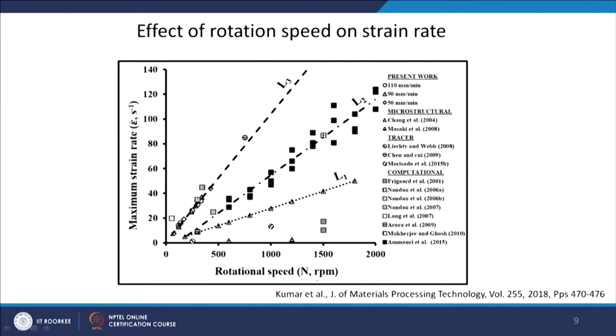Okay. So, if you see the rotation speed is shown on the x axis. Okay. So, as you are increasing the RPM, of course, the strain rate is increasing. So, that is clear in all the work that when you increase the RPM or rotation speed, your strain rate is going to increase.